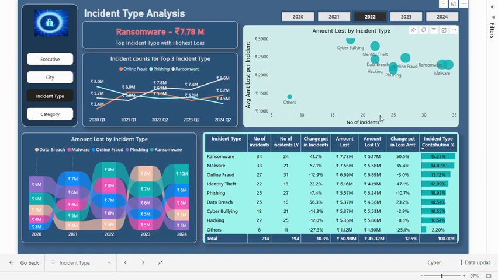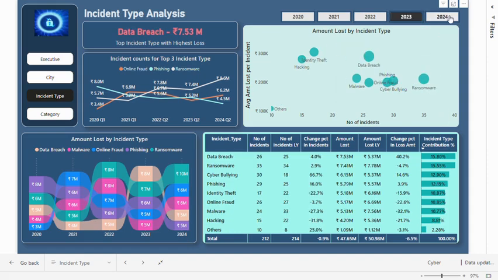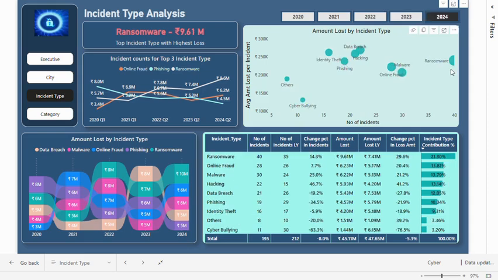And this visual here shows the severity of each incident type. You can see in 2022 ransomware, the number of incidents is somewhere here, and in 2023 and 24 ransomware is always at the top. The availability of ransomware as a service could be one of the reasons.